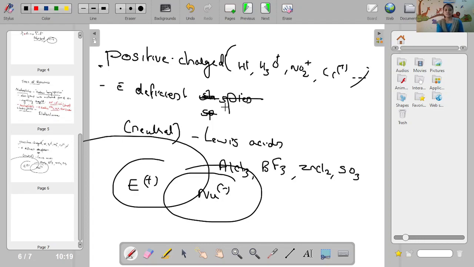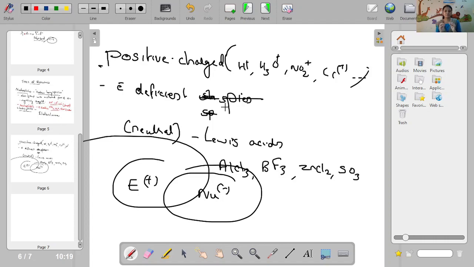So in this video we have discussed bond fission, homolytic and heterolytic. It's important. What are the products of homolytic fission? Free radicals. Heterolytic fission gives cations and anions. Then arrows, curved arrow and fish hook arrow, half hook arrows.